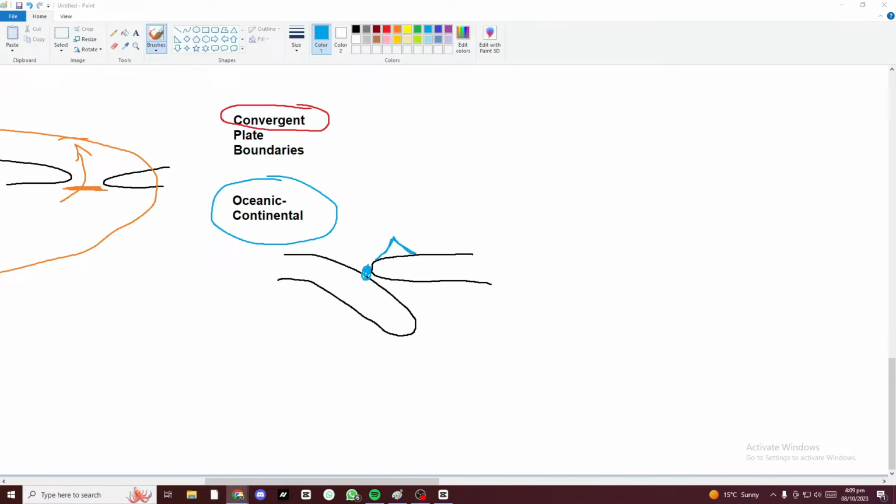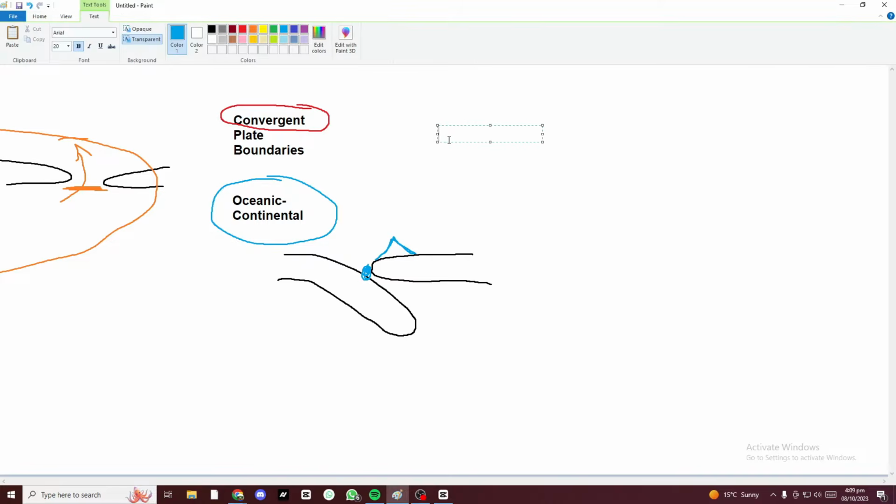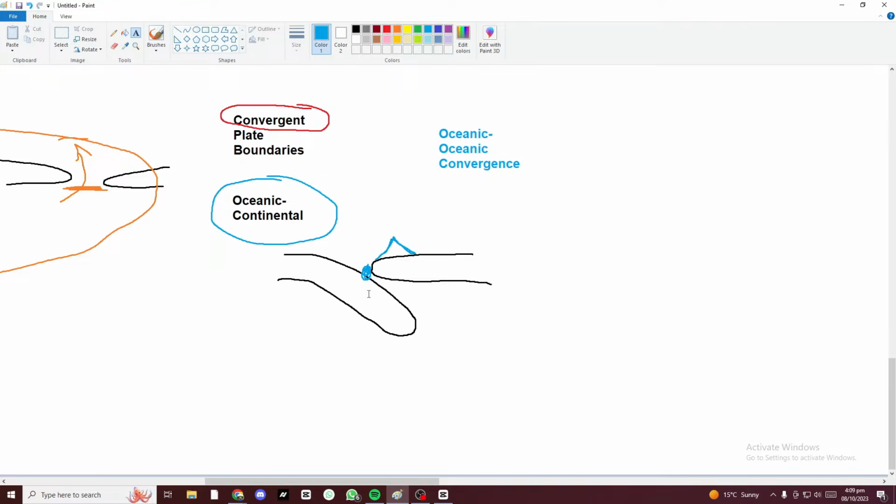Okay, now we get to oceanic convergence. So this is very similar to the oceanic continental.